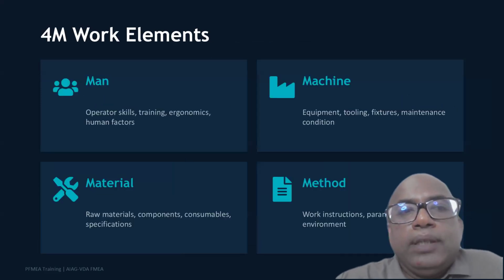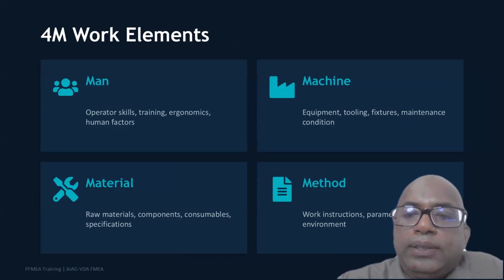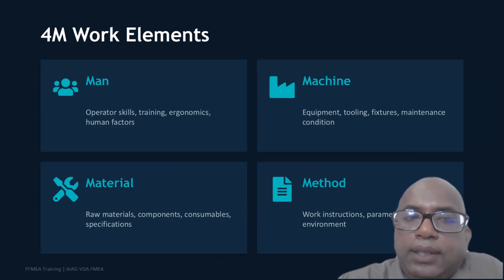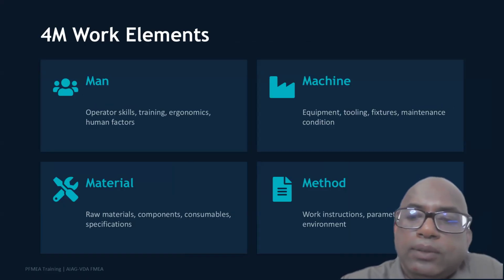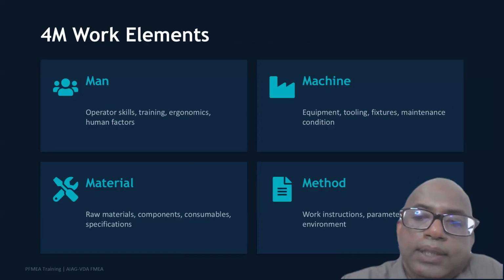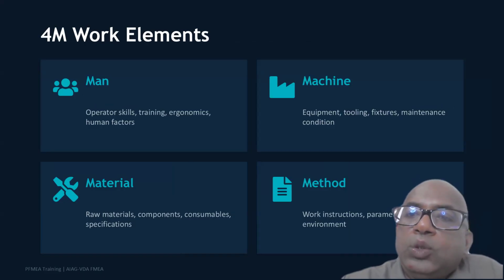Okay, the 4M work elements, I explain it. Under man: operator skills, training, ergonomics, and human factors; basically we consider these as the man factor. When it comes to machine: equipment, tooling, fixtures, maintenance condition.